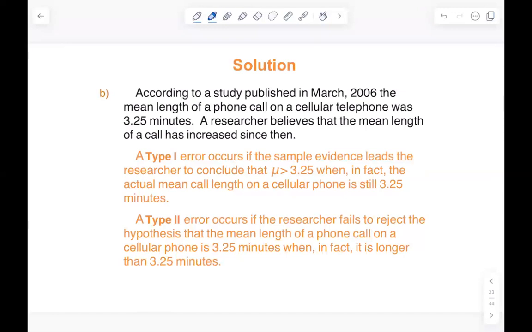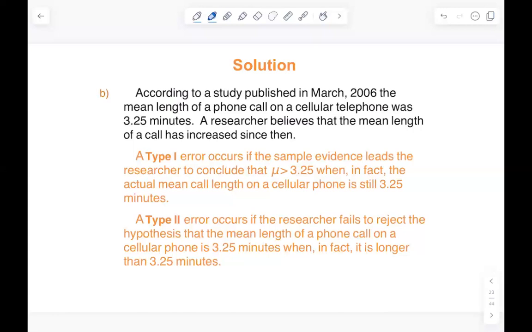So he said it was greater than, but it actually isn't. That's a type 1 error. Type 2 error: he failed to reject the hypothesis that the mean length of a call was 3.25 minutes, but in fact, it is longer than 3.25 minutes. So he failed to reject, but he should have rejected.